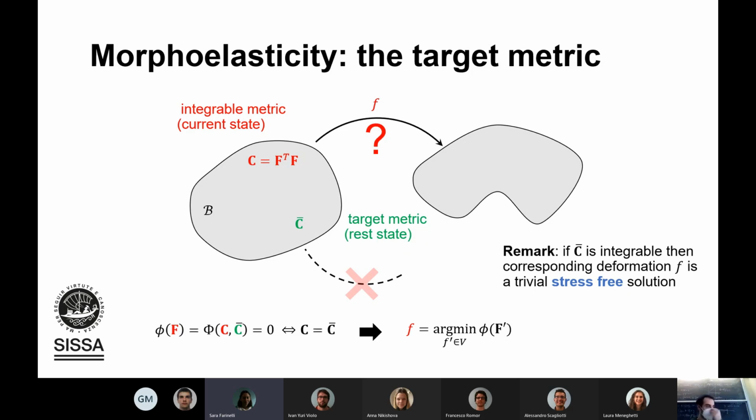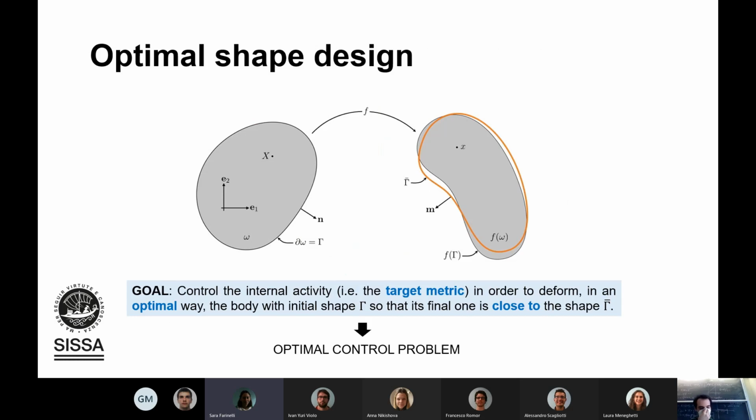Okay, now we are ready somehow to introduce the real problem we want to study, which is this one, optimal shape design. So we have, okay, there's a mistake. Omega is not omega, but is B. I've corrected that. Okay, so imagine that omega for the moment is B, capital B, what we have introduced before. So the goal is to control internal activity.